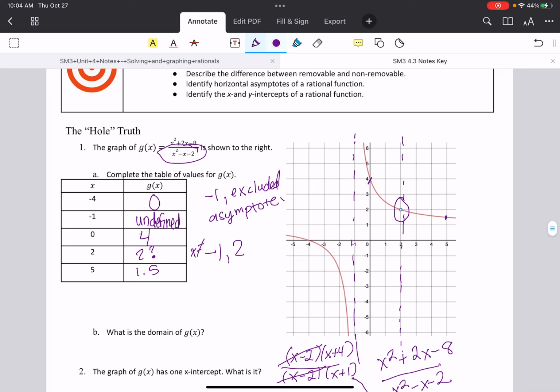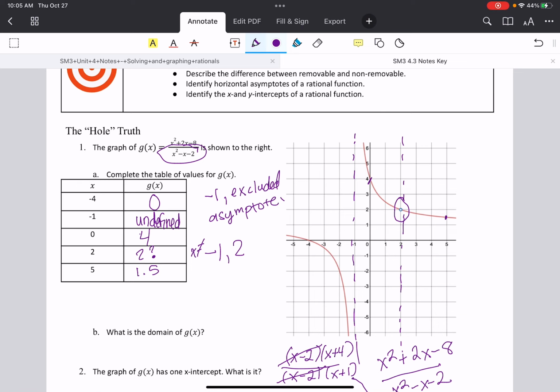I don't know if you could see that. It crosses at the y-intercept 2. There's an x-intercept at -4. And it looks like the asymptote is at x equals -1, right? Okay, it looks the same. Except on the second graph, there is no hole at 2.